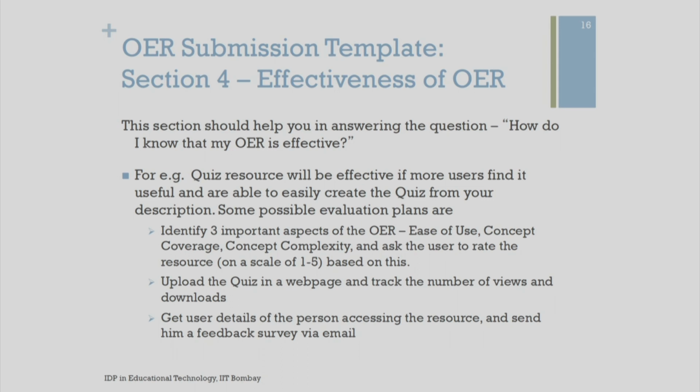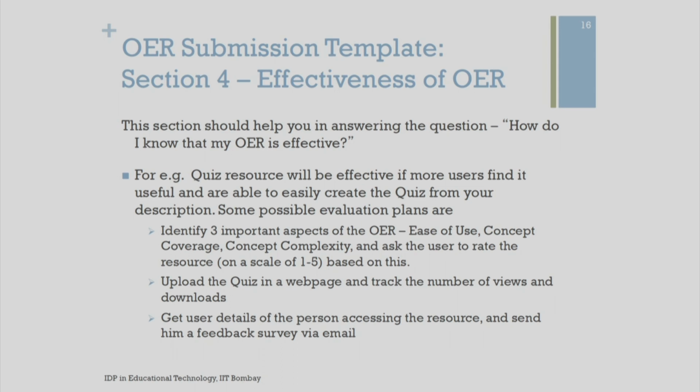Now section 4. This is a very interesting thing that you have to do. Section 4 details how you are going to measure the effectiveness of the open education resource that you have created. Essentially this section tries to answer the question, how do I know that my OER is effective?